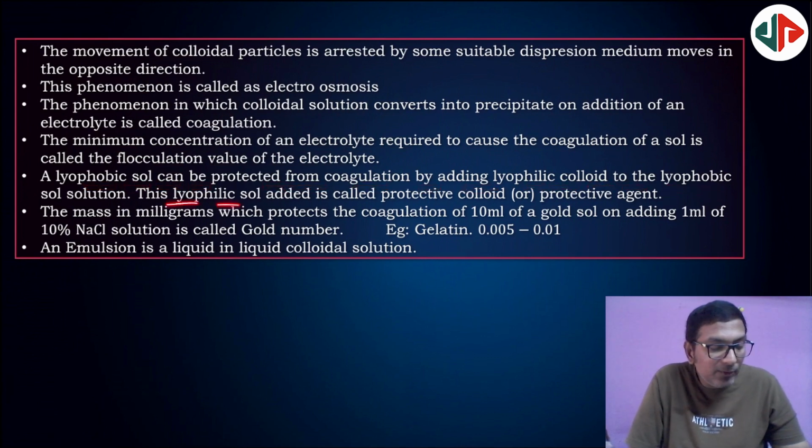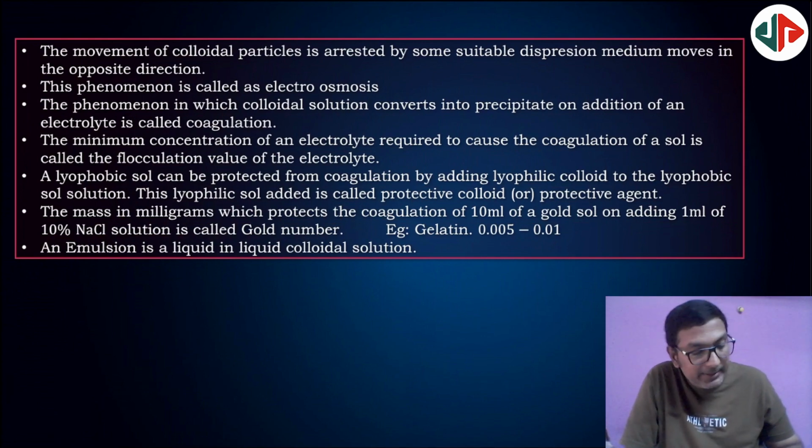This lyophilic sol added is known as protective colloid or protective agent. The mass in milligrams of protective colloid that must be added to 10 ml of gold sol to prevent coagulation by the addition of 1 ml of 10% NaCl solution is known as gold number. So, gelatin has a very small value, therefore it has maximum protecting power.